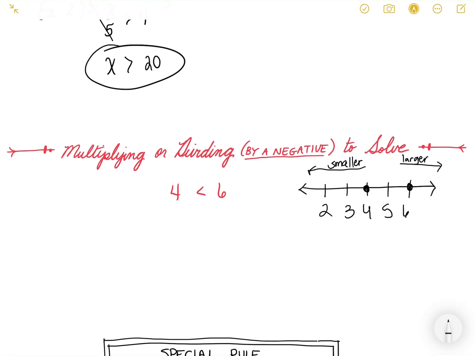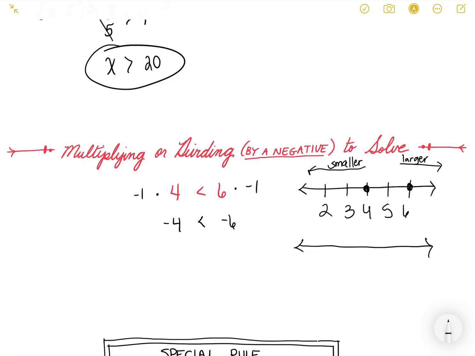So now let's see what happens when I multiply both sides of my inequality by a negative number. Negative 1 times 4 is negative 4. Negative 1 times 6 is negative 6. Now, if we keep our symbol the same, notice that the statement is no longer true.